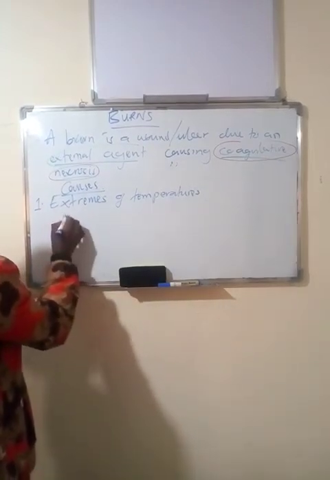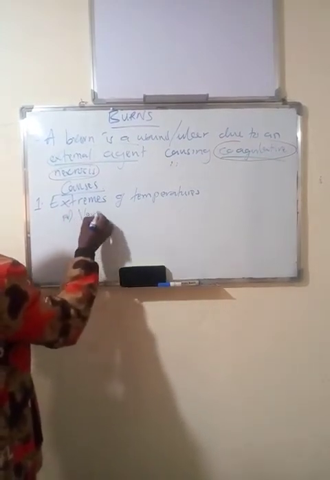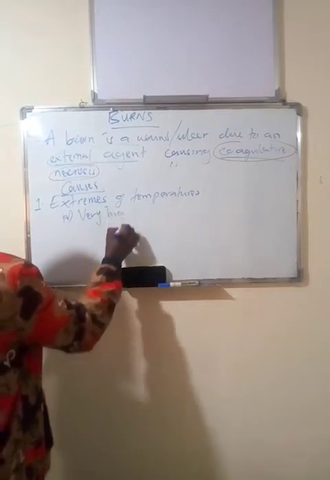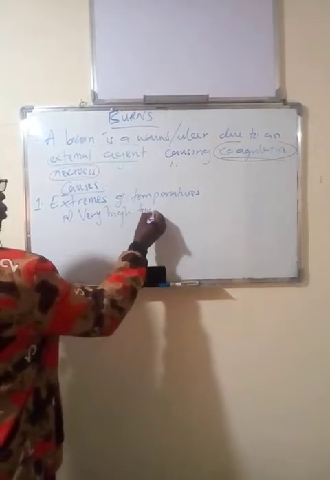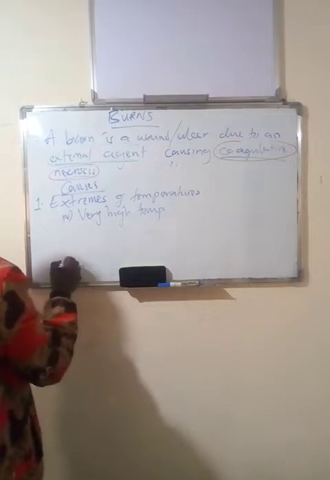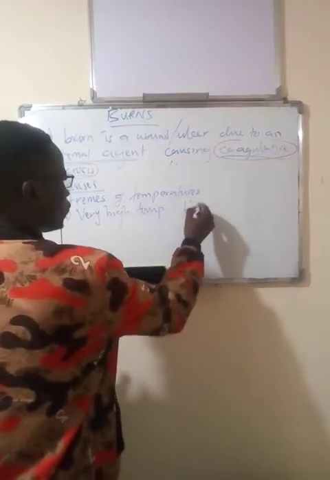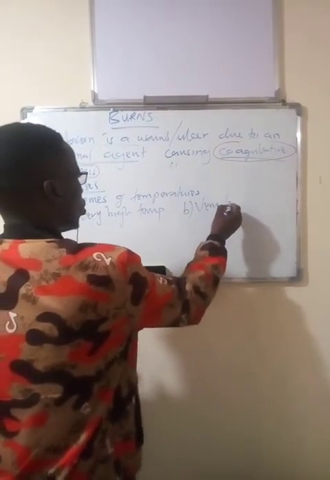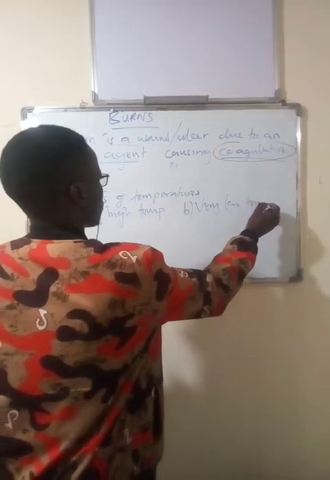So we can say A, we have very high temperatures, and B, we can have very low temperatures.